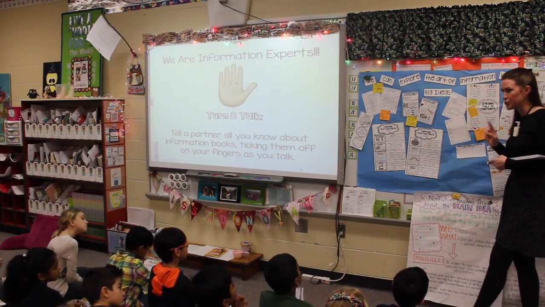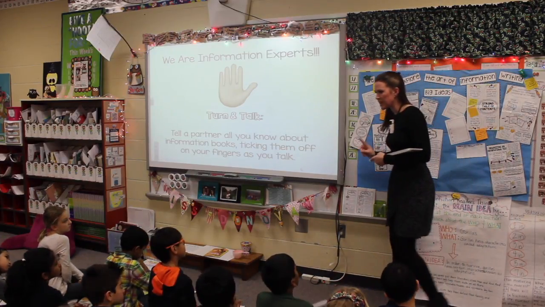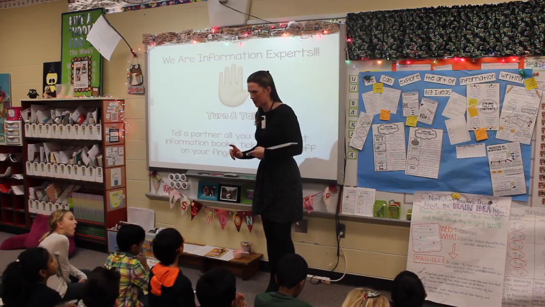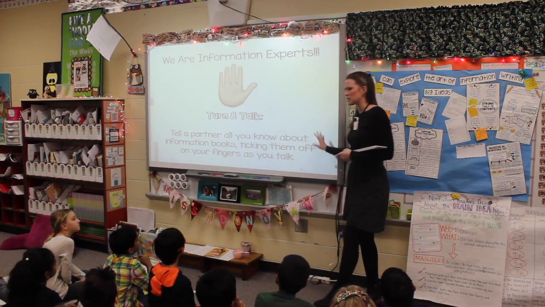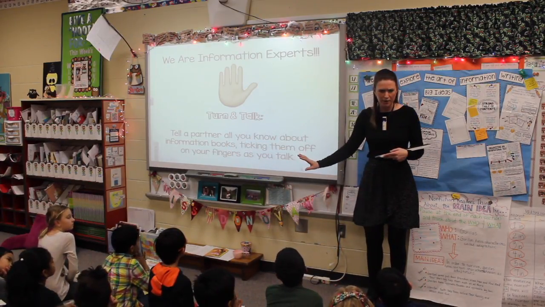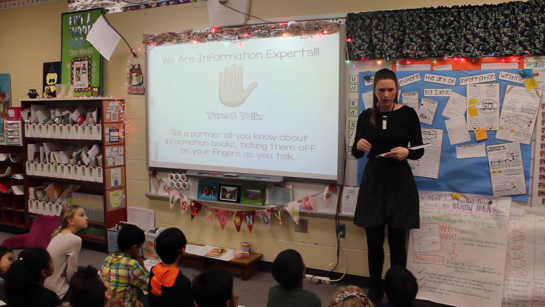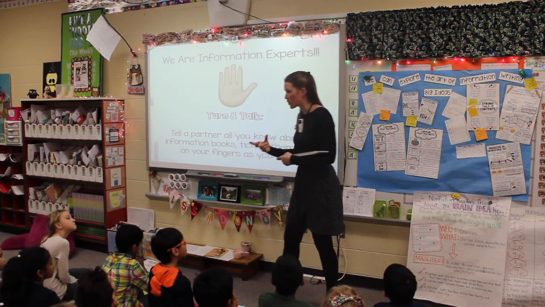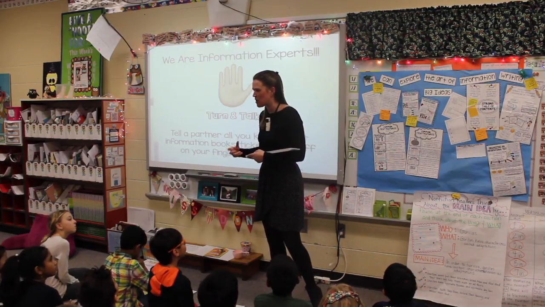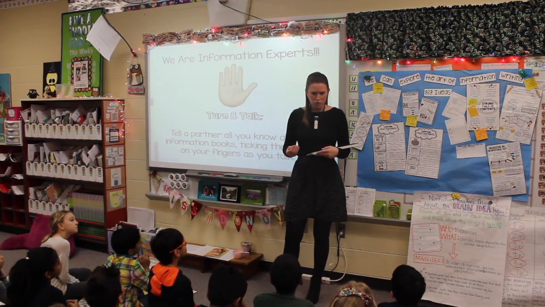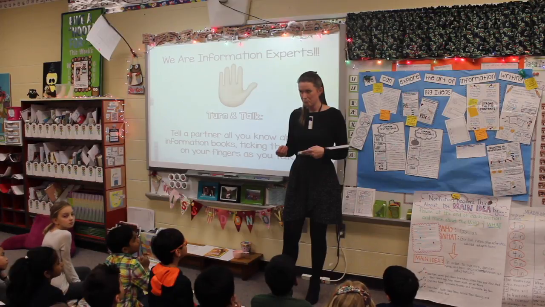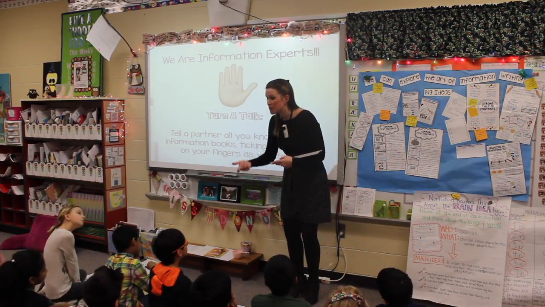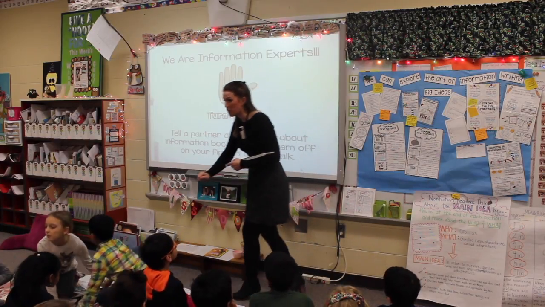So in just a second, partner one, start out and turn and talk to your partner about some of those things that you know information writers need to use in a piece of writing, whether that be a book or just a short piece of writing that has information. What are those things that information writers need to do? And then partner two, you will do the same. Turn and talk to that person that you know you chat with at the carpet.